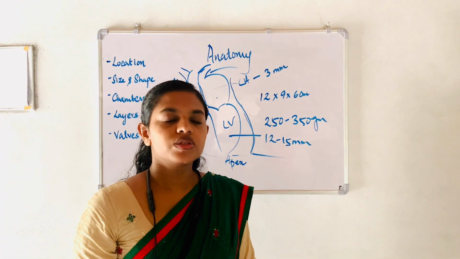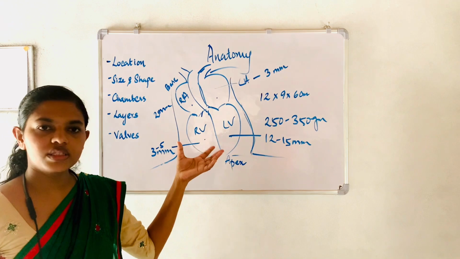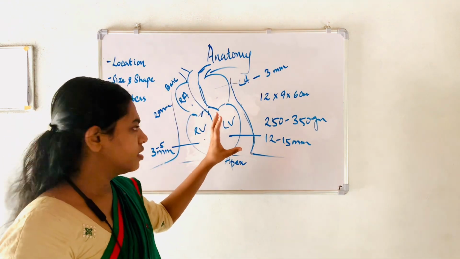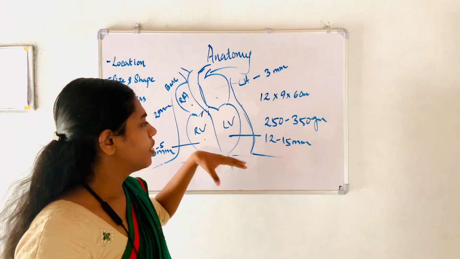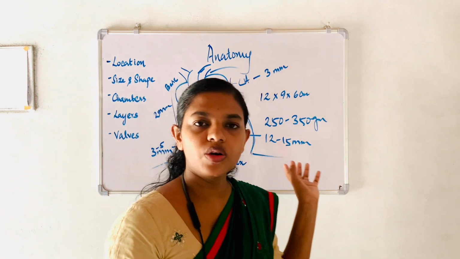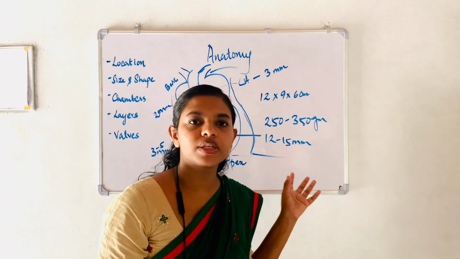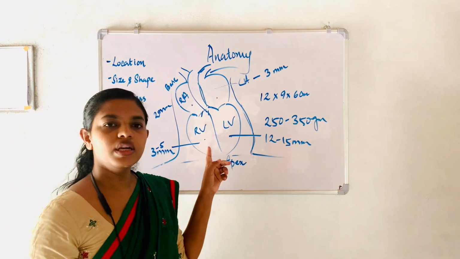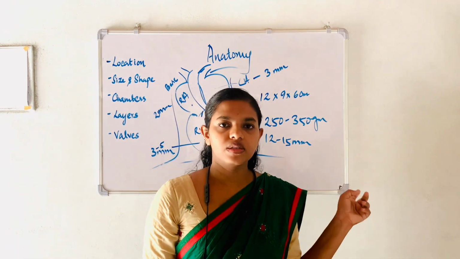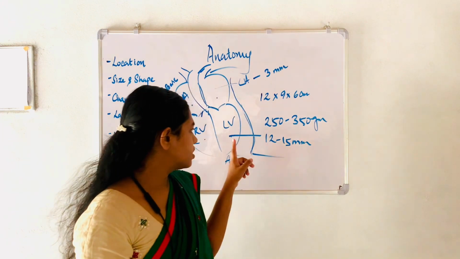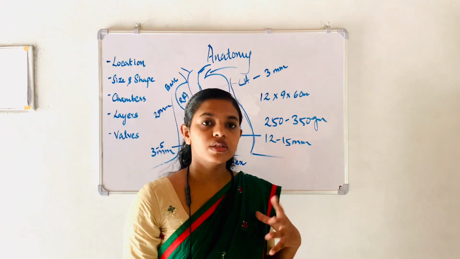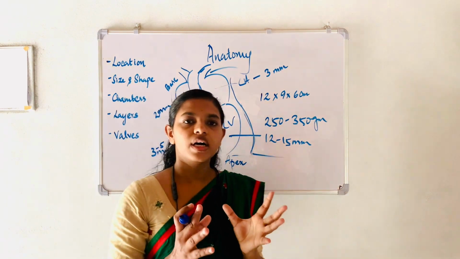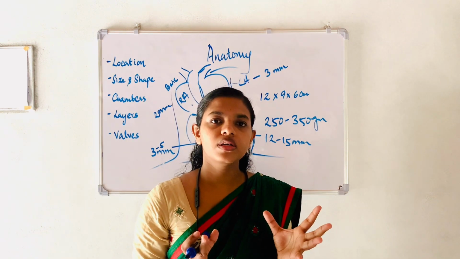Why is there a difference in the thickness of the heart? Because the left ventricle has to pump blood through the aorta to the whole body. Left ventricle supplies blood to the whole body through the systemic circulation, and right ventricle supplies blood to the lungs, or pulmonary circulation. Since the left ventricle has to pump against a higher pressure, it should have big muscles or greater thickness.